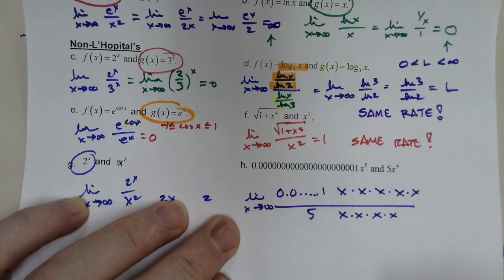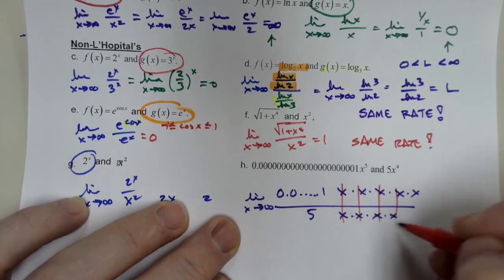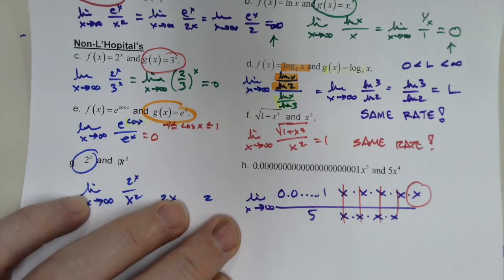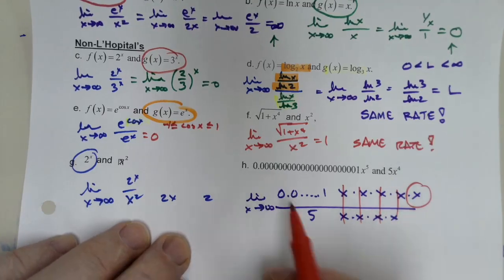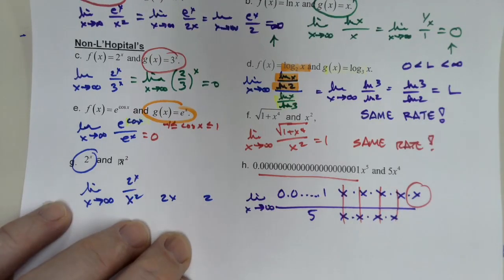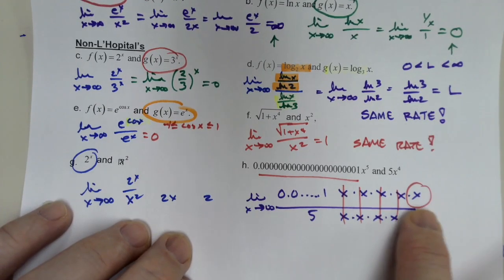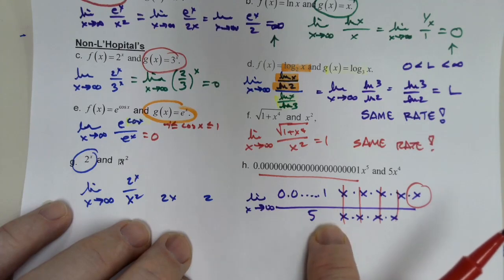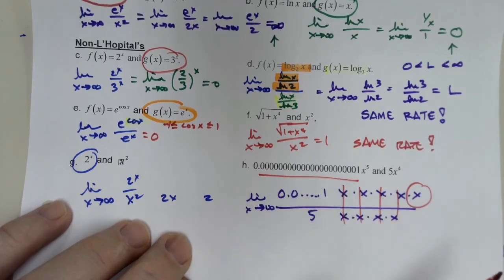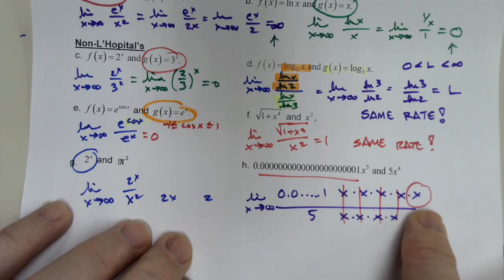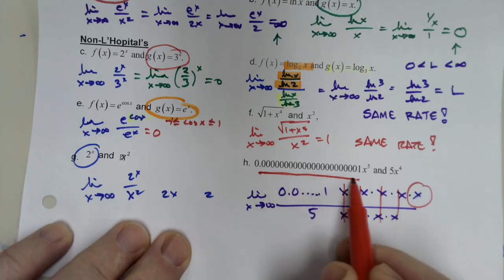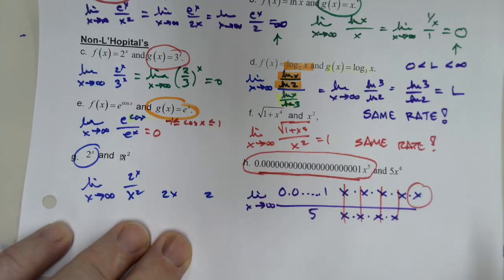And quickly you can see we've got an x in the numerator after we simplify this, and regardless of how many zeros are on here, if this is going to infinity, even though we're dividing it by 5, and this is a really, really small number, infinity is so much bigger than that, so it should be pretty obvious that no matter what that coefficient is, this is the faster growing of those.